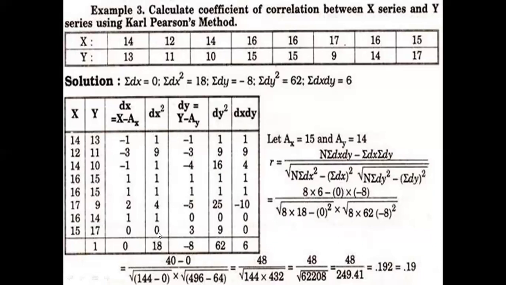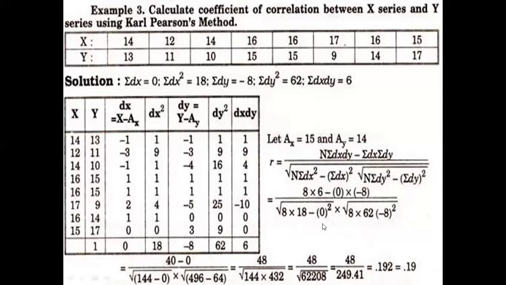The value of sigma dx square is 18, minus sigma dx whole square. Dx is 0, so it will be 0, 0 whole square, multiply by under root n, n is 8, multiply by sigma dy square. Sigma dy square value in the table is 62, minus sigma dy whole square. So the value is minus 8. So we have inserted simply in the formula.